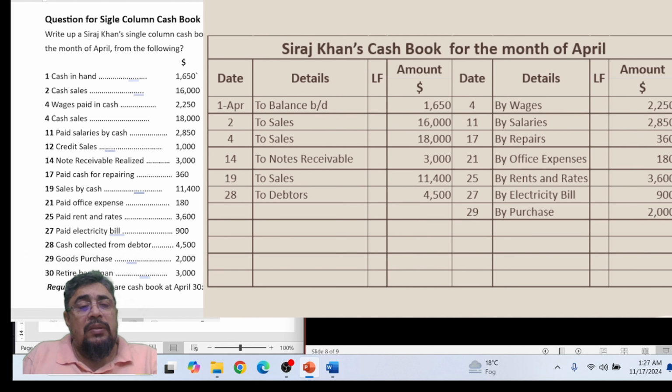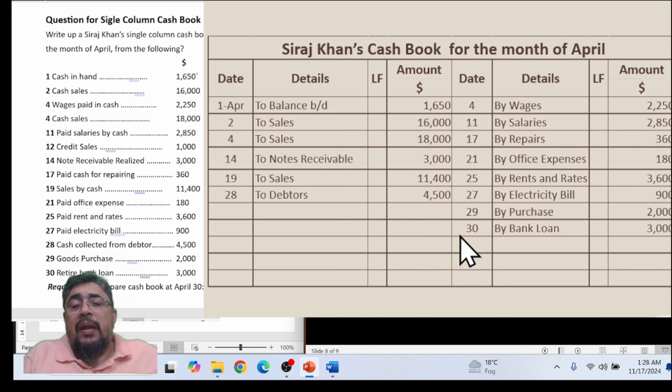Next, 30th April, retired bank loan. Retired bank loan account means we are paying the loan, so it is on the credit side. On 30th April, by bank loan, amount is 3000. Now the transactions are finished.